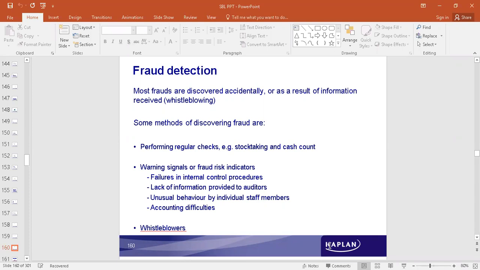Warning signals or fraud risk indicators. So when there are signals about fraud happening in the organization, how would they know? If there are failures in internal control procedures, or lack of information provided to auditors. Auditors give a fair view about the financial statement. So they have to be provided with some evidence about the transactions that are recorded in the financial statements.